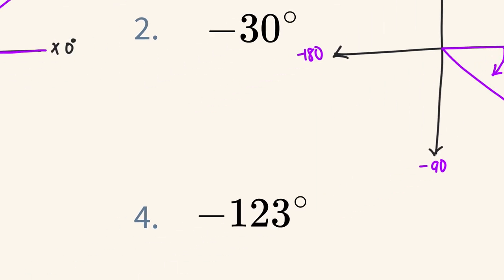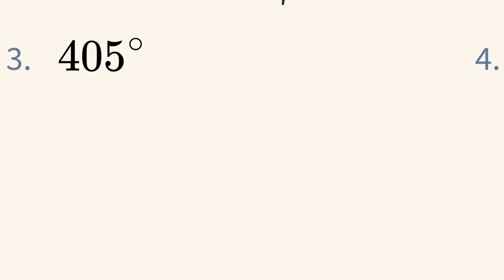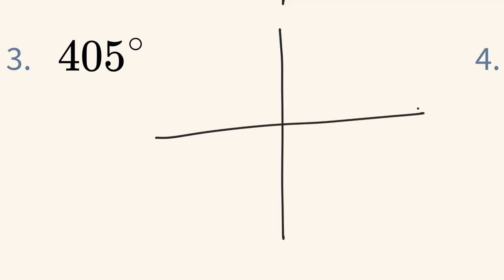All right, going to number 3. Now, 405. 405 is more than 360. Is it a positive 405? Yes. So what is this one going to look like? I have 0, I have 90, I have 180. These are all degrees. I have 270, and then back to 360. Now if I added 90 to 360, I'm going to get 450.